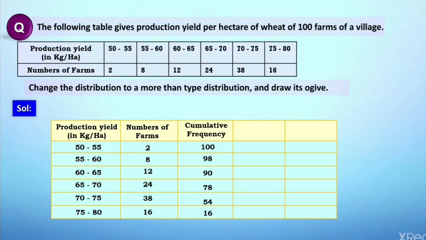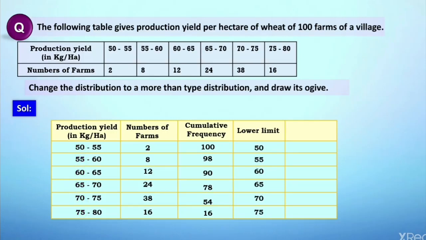After that, for plotting more than type ogive, remember student, we need to consider the lower limit, that is 50, 55, 60, 65, 70 and 75.